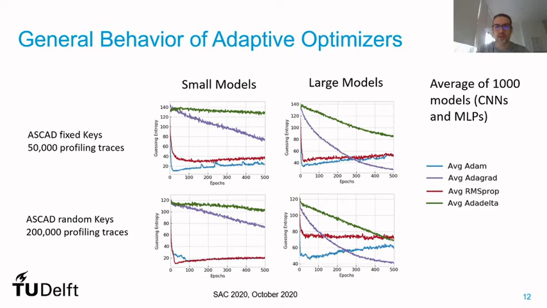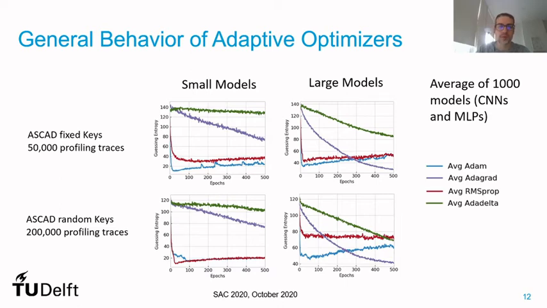So here I have the results of the typical behavior of adaptive optimizers when we train them on small and large models. Every guessing entropy line in these 4 plots shows the average of 1,000 guessing entropy calculations on randomly generated models.